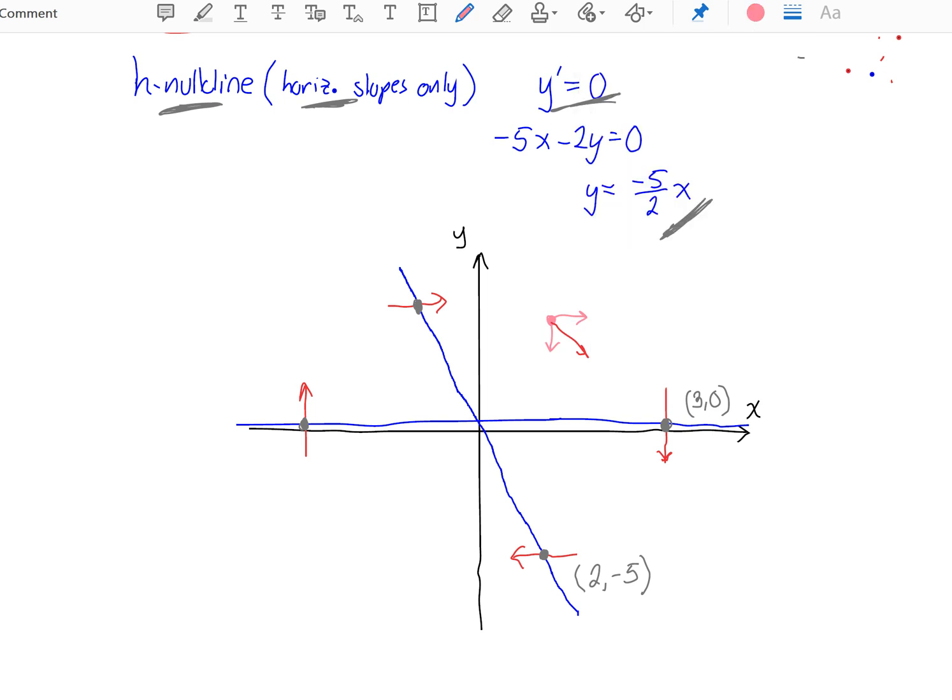If you picked an initial condition that lived in this region, you'd be moving to the left and down, and in general, down and to the left.